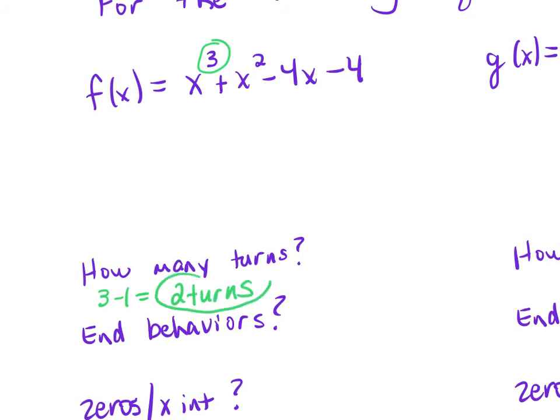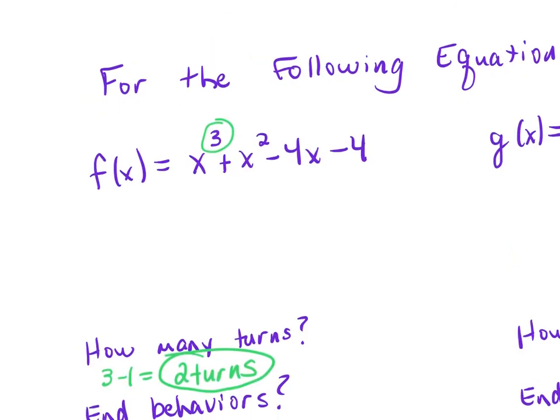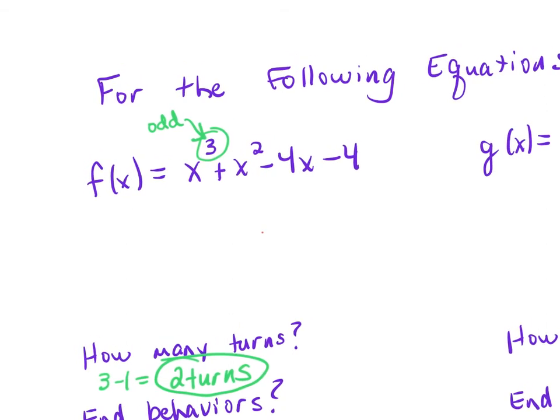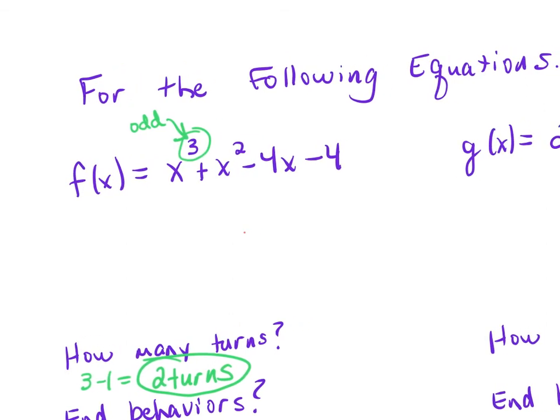Okay? End behaviors. I look at my biggest exponent. It happens to be what kind of a number? An odd number. It's odd, all right? So I know the arrows. Okay, do it again. Positive or negative? It's positive. So which way is my cubic going to be going?